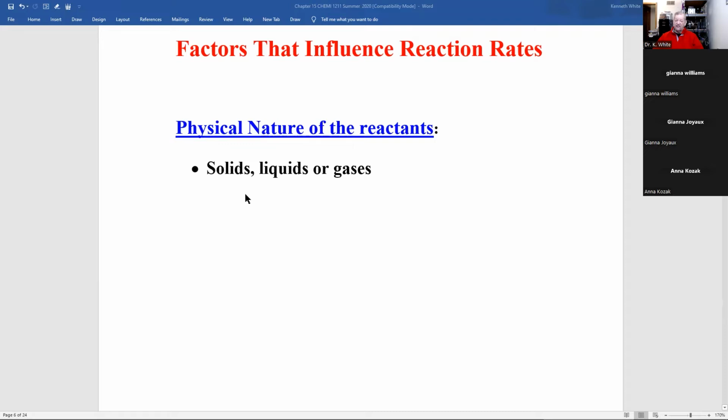Are they solids? Are they liquids? Or are they gases? Now, solids. There's a branch of chemistry called solid state chemistry, and that deals with reacting solids together.